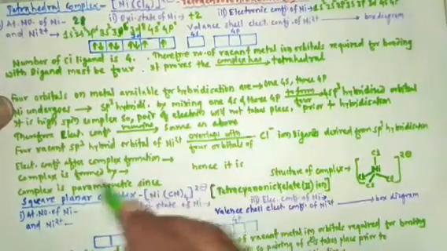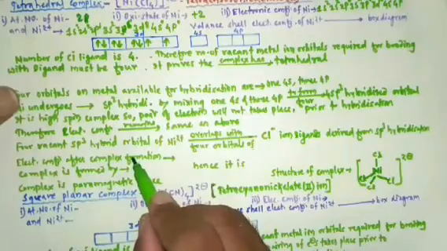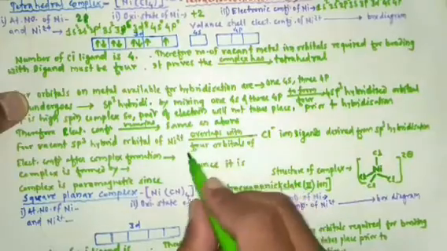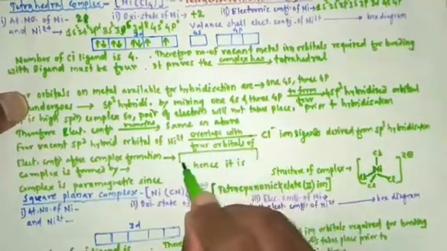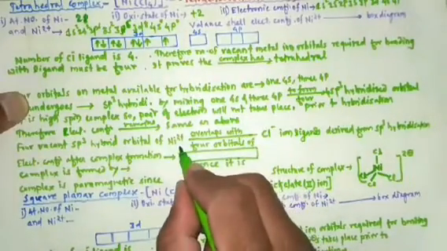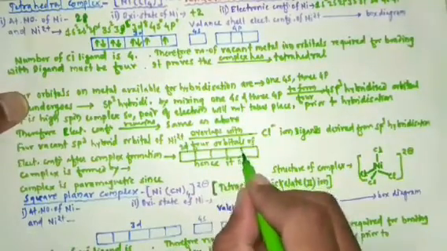So here, electronic configuration after complex formation is: these are the 3d orbitals, 1, 2, 3, 4 and 5.